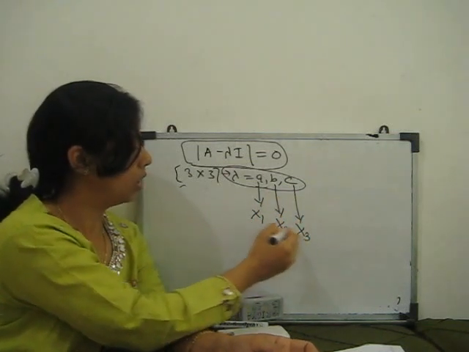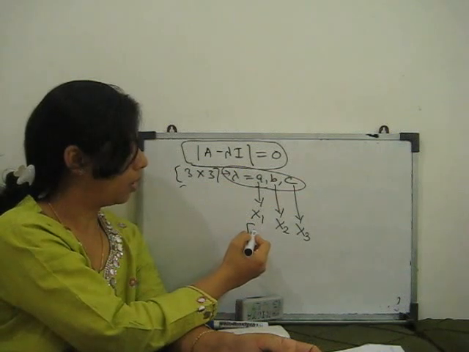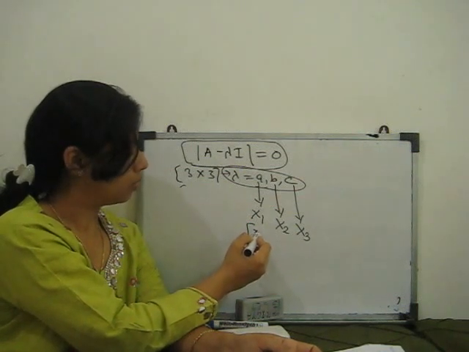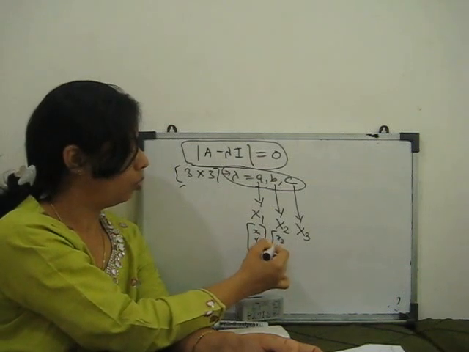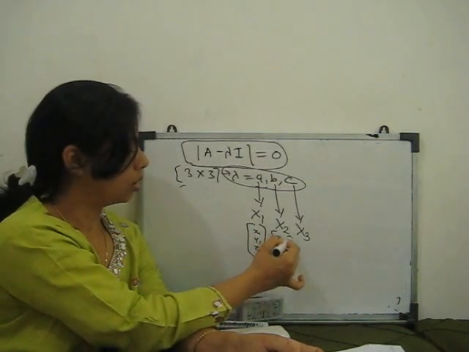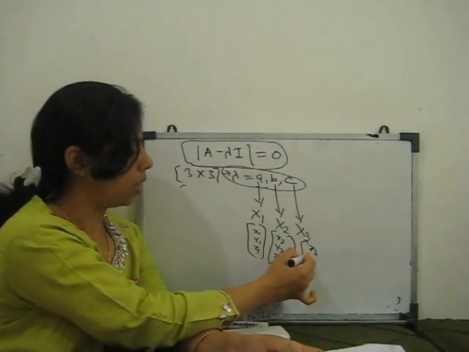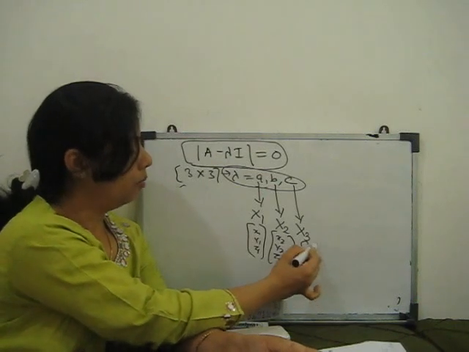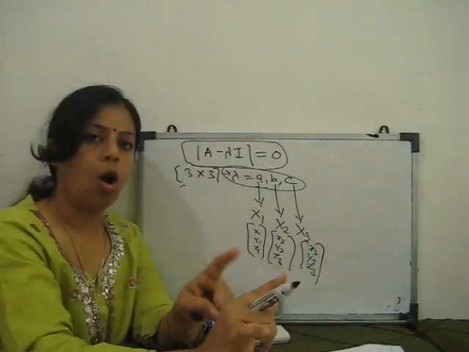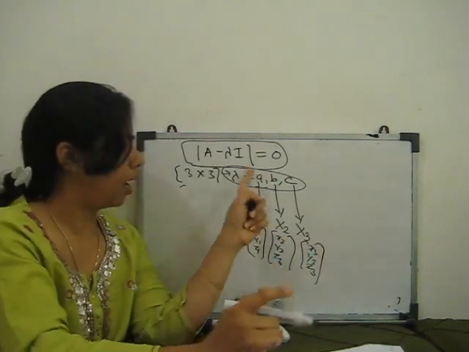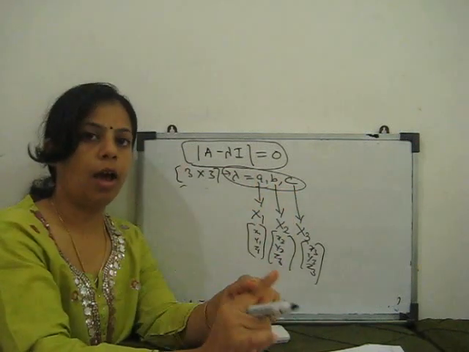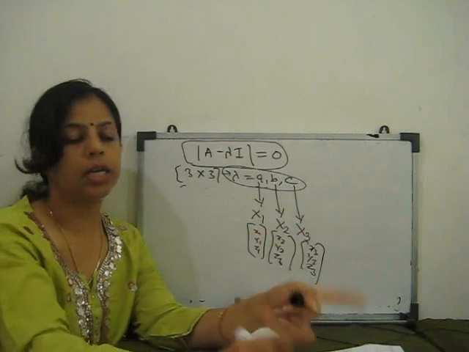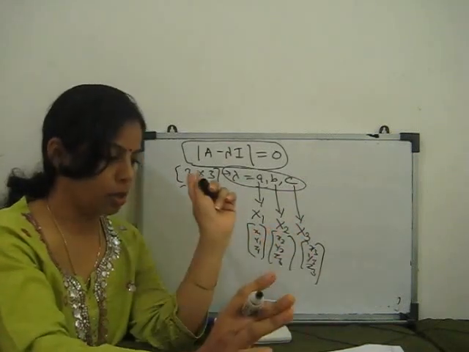For lambda equal to C, x3. x1 is, for example, (x1, y1, z1). Second is x2, y2, z2. Third one is x3, y3 and z3. Means if all eigenvalues are different, then it has 3 linearly independent eigenvectors.